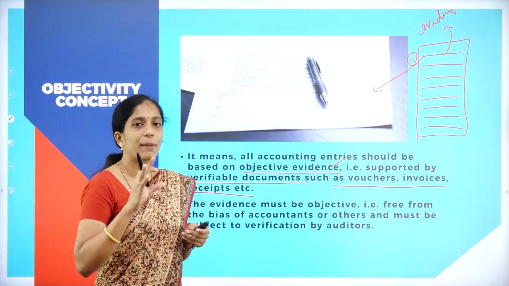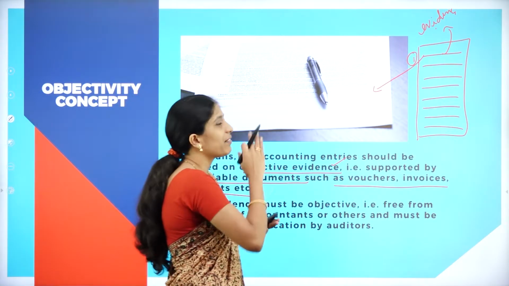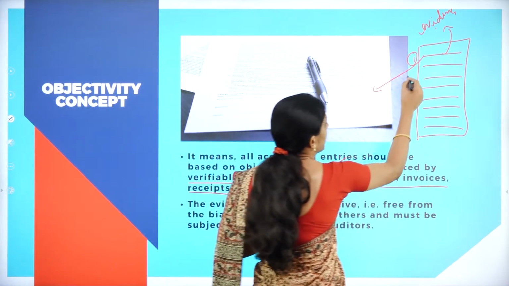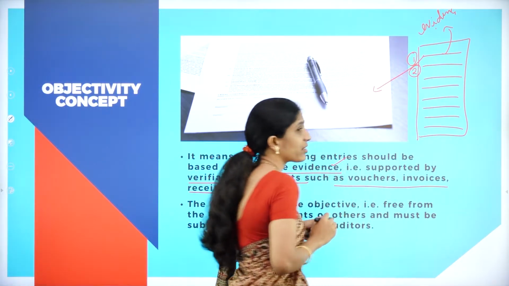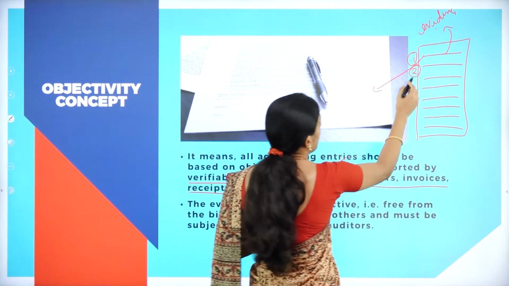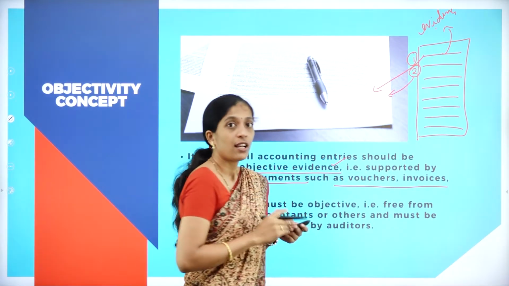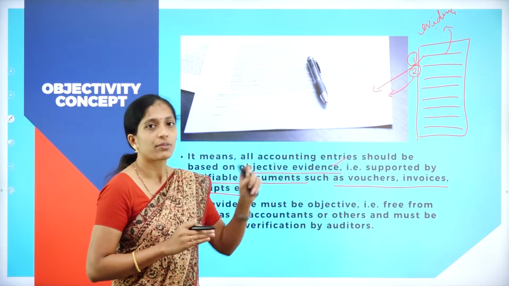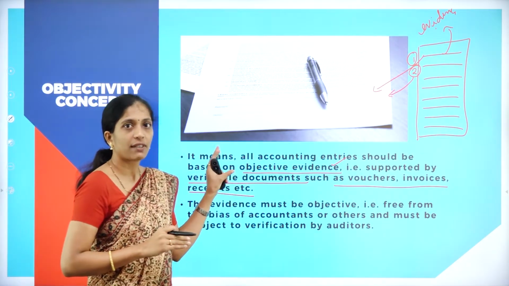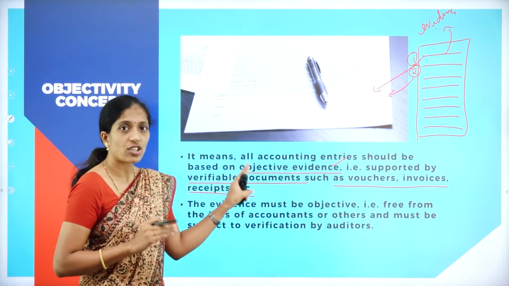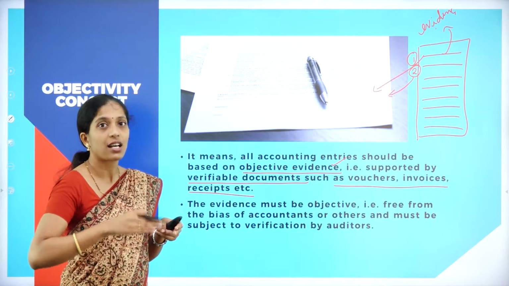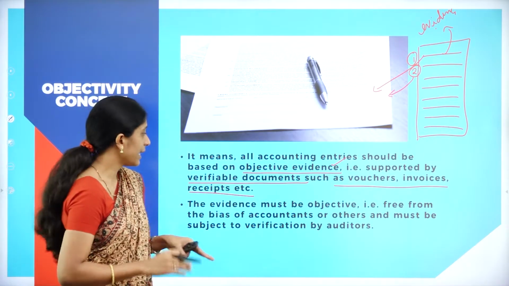Such documentary evidence should be there whenever I record a transaction. In the same way, for the second entry, I should have proper documentary evidence, without which I cannot record the transaction in the books of account. So the objectivity concept says that each and every transaction should have objective, supporting documentary evidence.